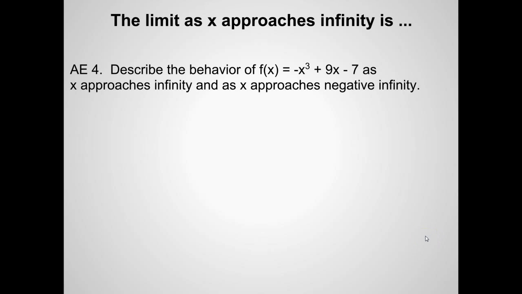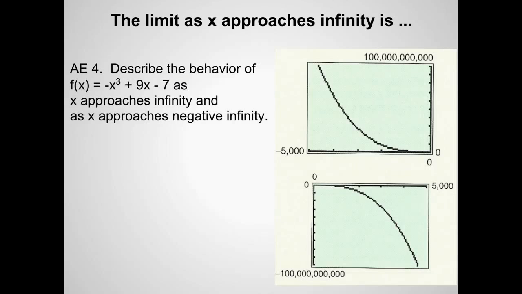That's what the behavior looks like. In between, we don't really concern ourselves because we're describing the behavior as x approaches infinity and negative infinity. You could take a look at this graph, but some people would claim they don't even need to after what I just described about the end behavior of the function.